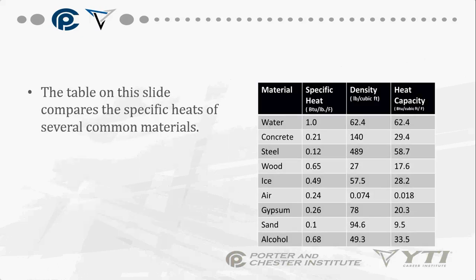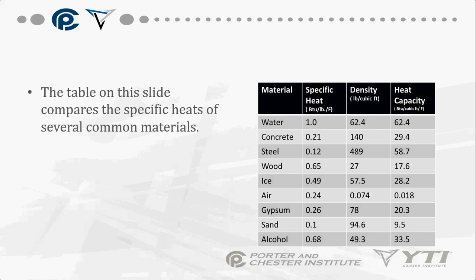If you look at this chart here, water has a specific heat of 1, its density is 62.4 pounds per cubic foot, and its heat capacity is 62.4 BTUs per cubic foot per degree.